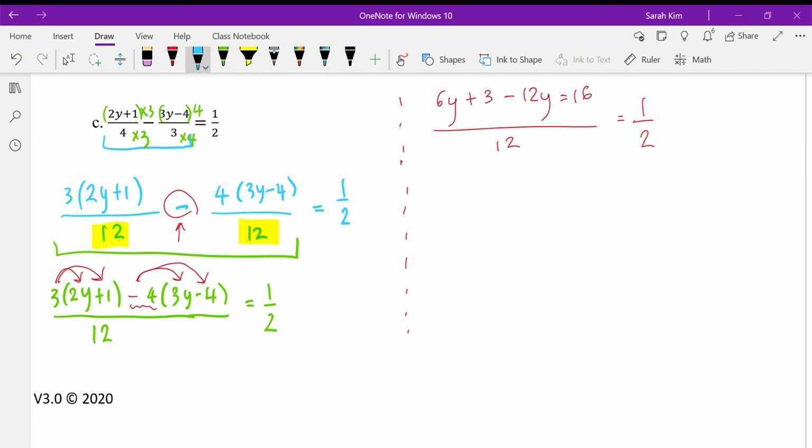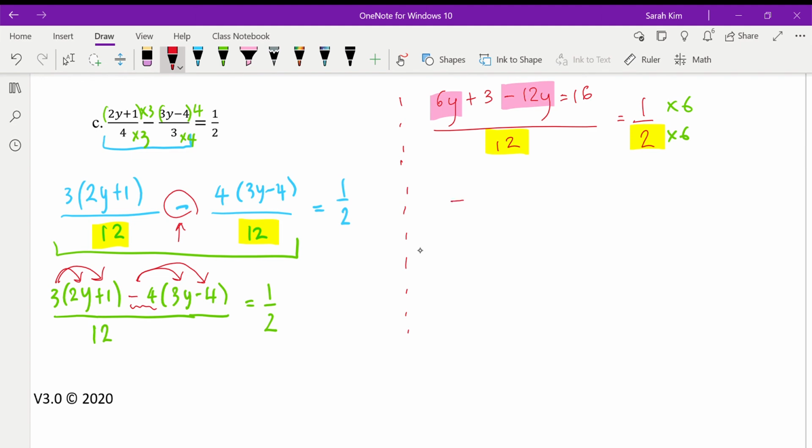Right, so what I also have to do is make these denominators the same now. So how do I make 2 and 12 the same denominator? All I actually have to do is just times these ones by 6. So now I can actually combine these ones. So I've got 6y take 12y, so that's kind of like 6 apples take 12 apples.